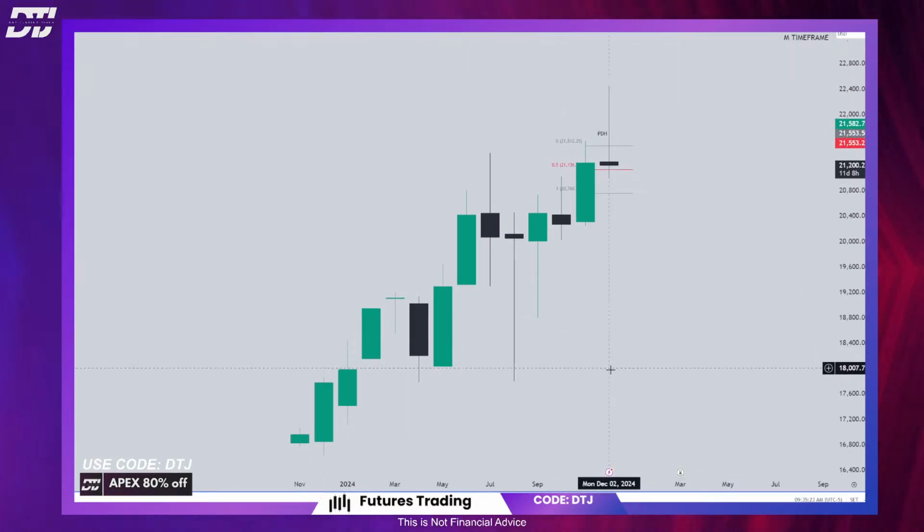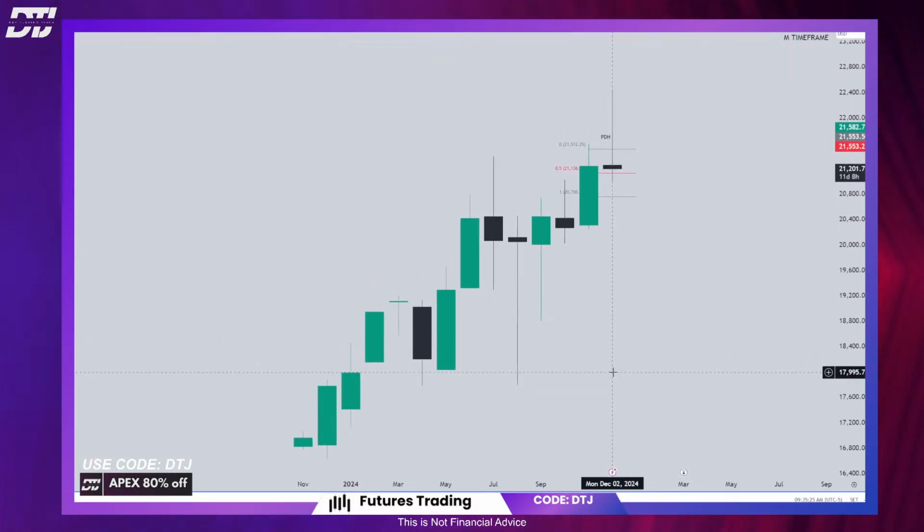Even on a higher time frame, even on the monthly candle, we haven't had a bearish one all year. We've been bullish. We've had retracements, big retracements.